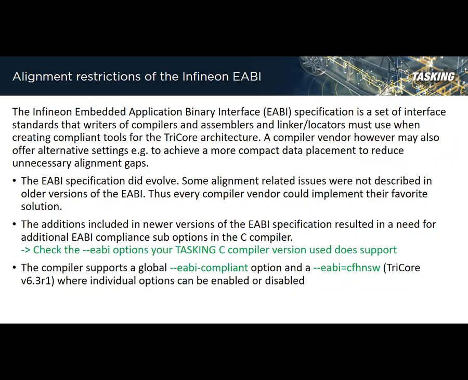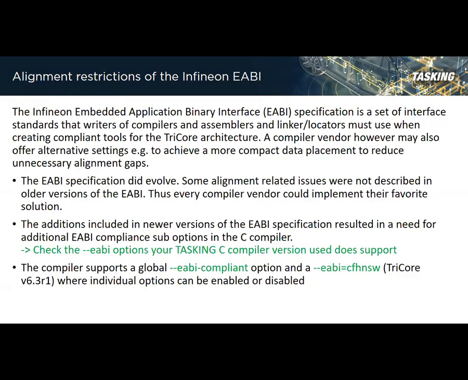When you use the EABI compliant option, you won't have the same code generation because there are additional sub options introduced for the EABI option which are not present in older versions, and they lead to a different behavior, for example with regards to the struct member access or 0-bit bit fields in structs.